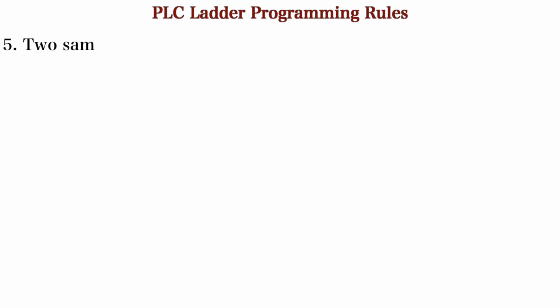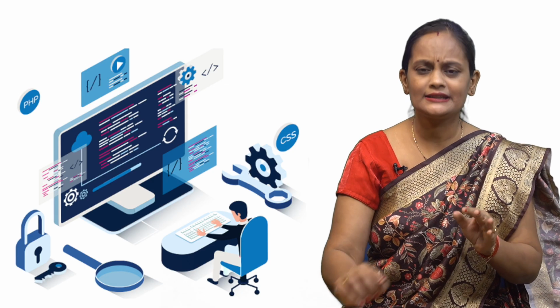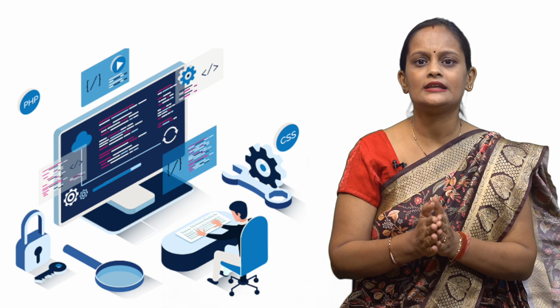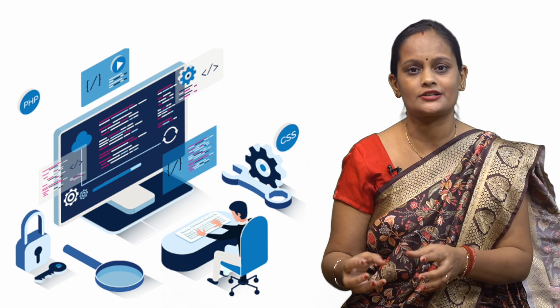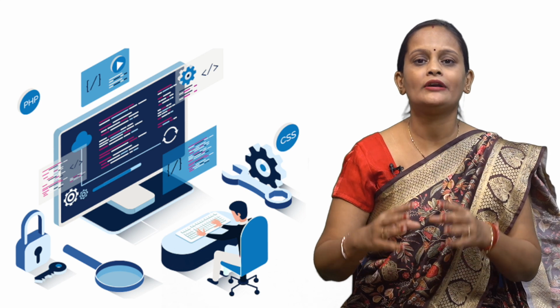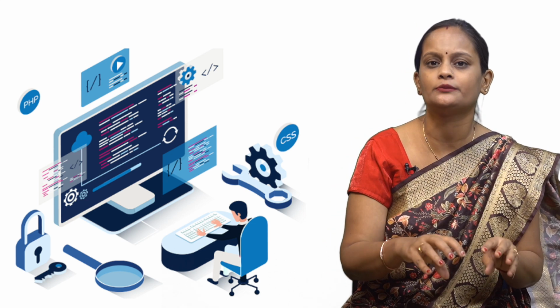The fifth rule: we can provide the same input address to two input switches, but they cannot be connected in series. Clearly, we can connect two or more switches in series in a rung, but we can't provide the same address to both the inputs.